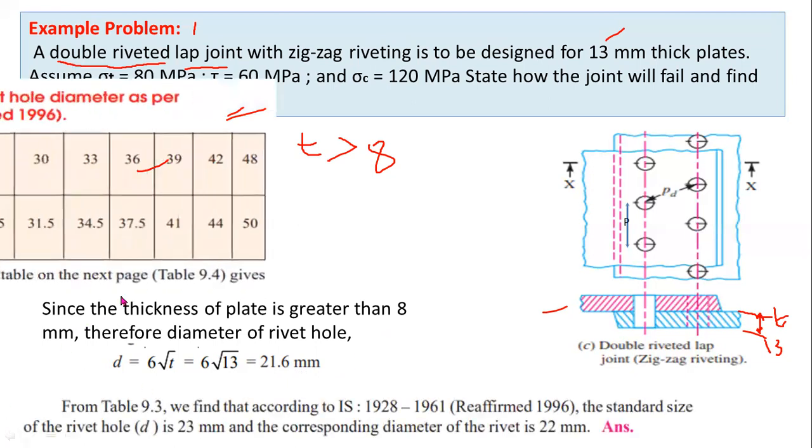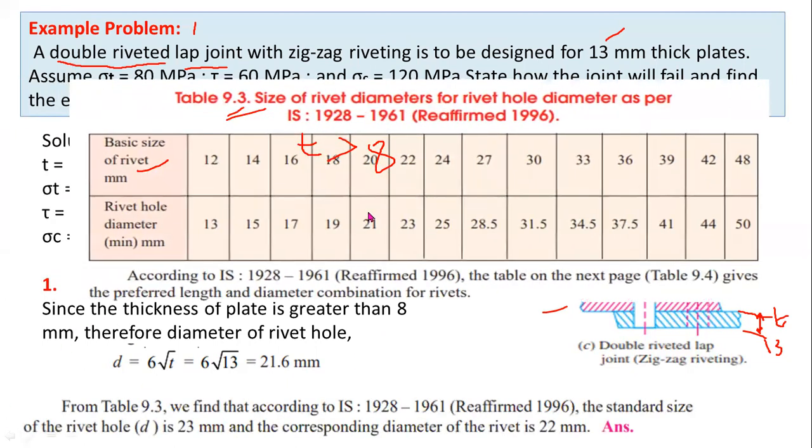This is the size of rivet diameter and rivet hole diameter as per the Indian standards. So here the answer, diameter of the rivet d equal 21.6 mm is the obtained value; from the standard table you have to select the nearest value of 21.6 mm.